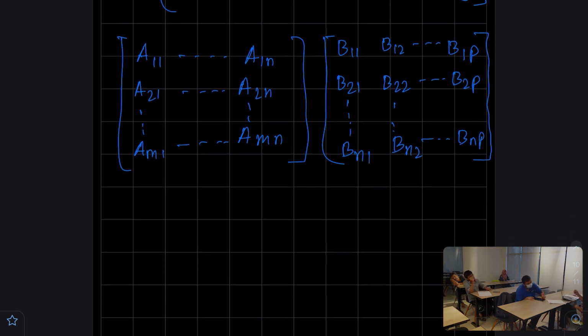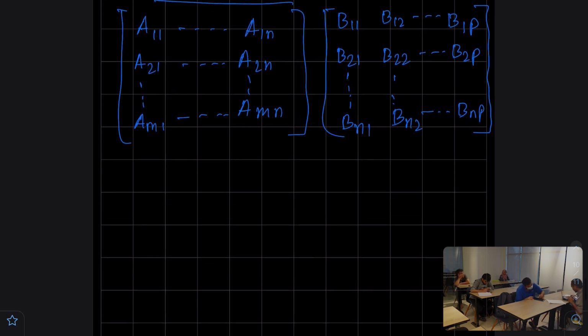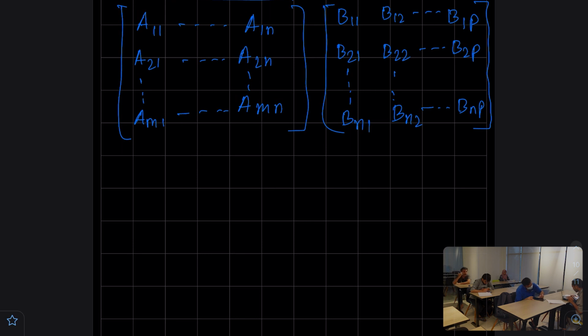So the multiplication is possible here in these two matrices, right? Because this matrix has n columns and this matrix has n rows. That means the multiplication makes sense, right?